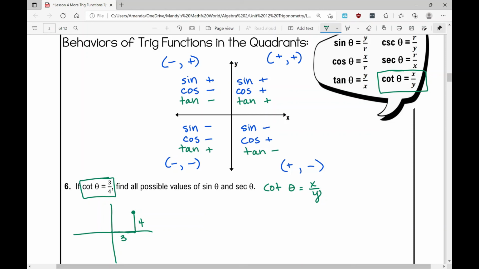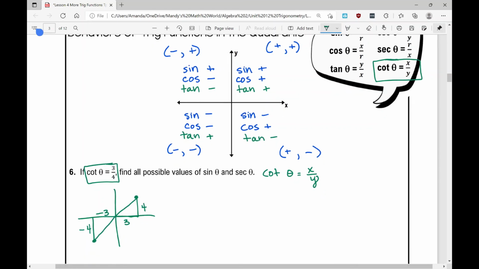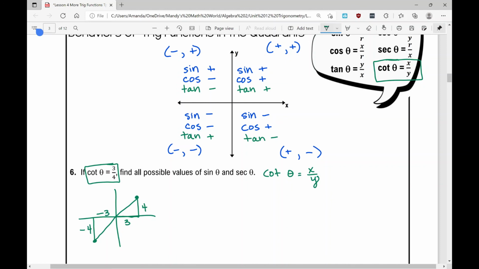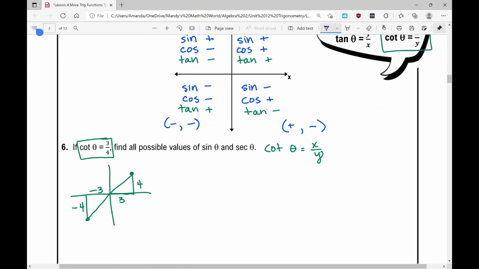And I could go left 3 and down 4 to get this point. Those are where my values are going to be derived from. You might be able to see that this is a Pythagorean triple. It's going to be a 3, 4, 5 triangle. If you don't recall that, you can use the Pythagorean theorem to find the length of each hypotenuse, which is going to be the same.